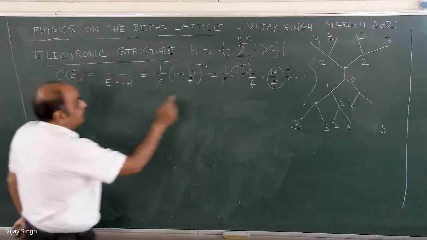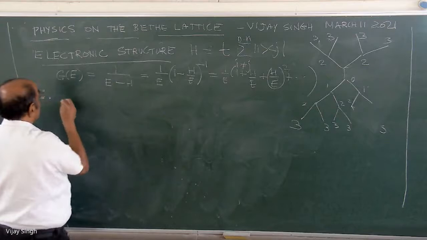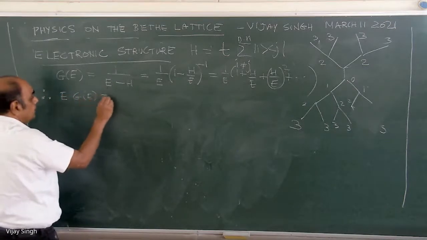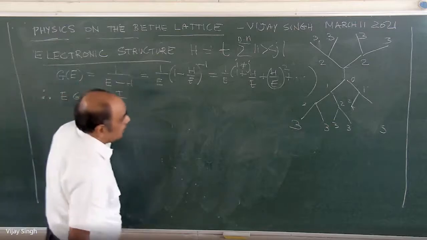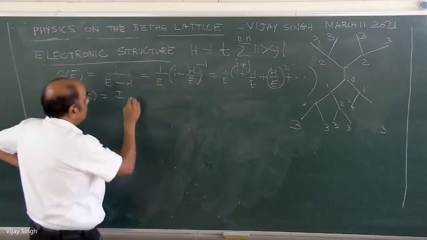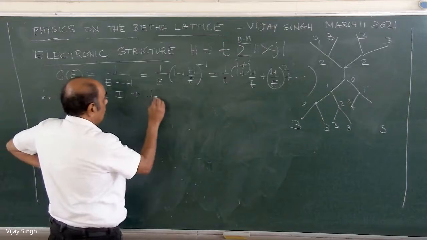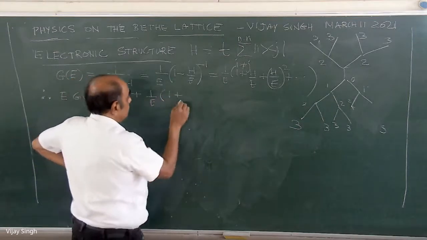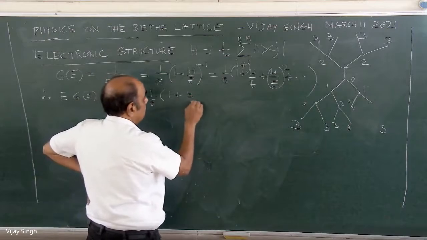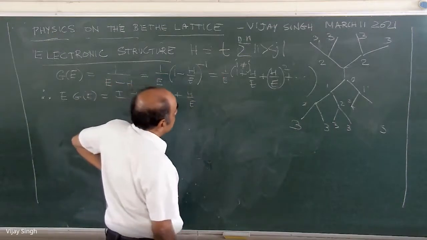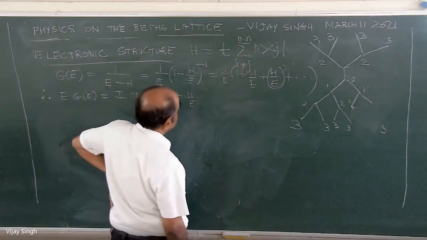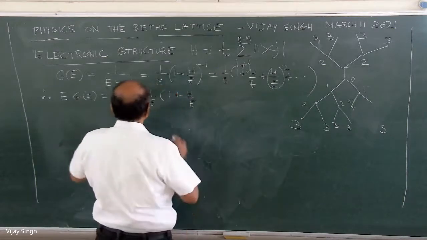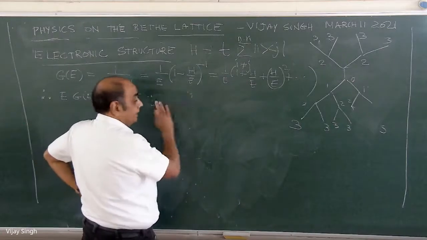Therefore, I bring this E over to the left-hand side. I have E times G of E is equal to identity, I guess. Plus 1 over E into 1 plus H by E. Correct? Let's do that again. Sorry, let me just correct myself for a minute.